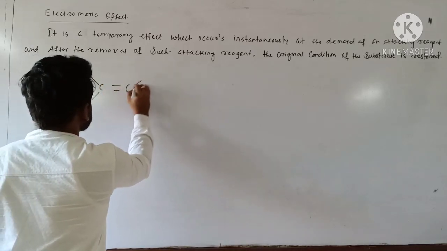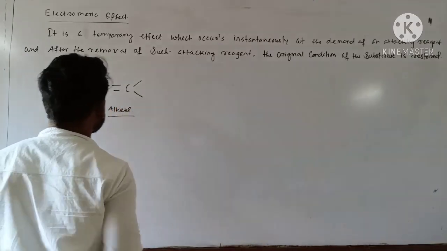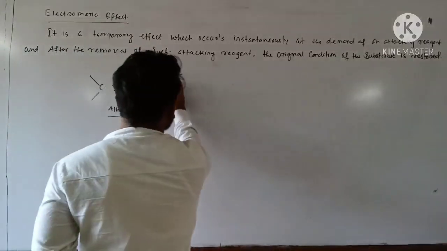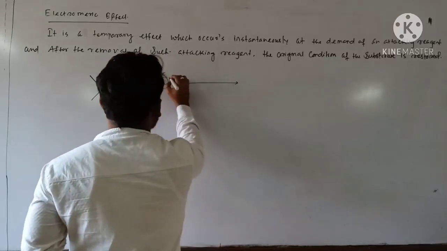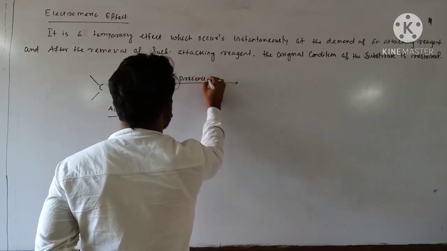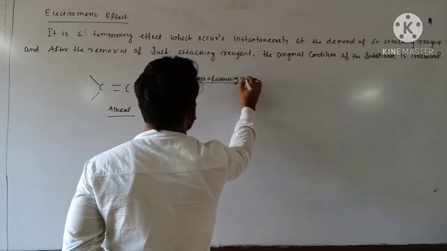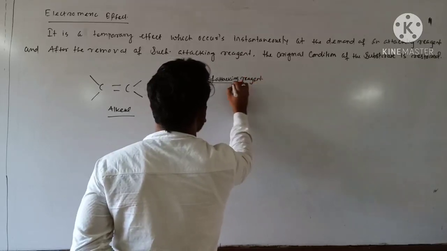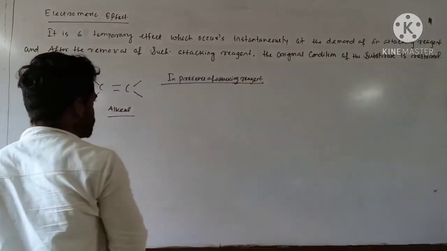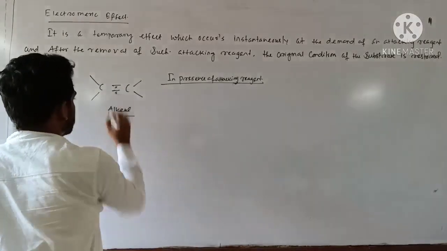In the presence of attacking reagent, this is sigma and this one is the pi electron.